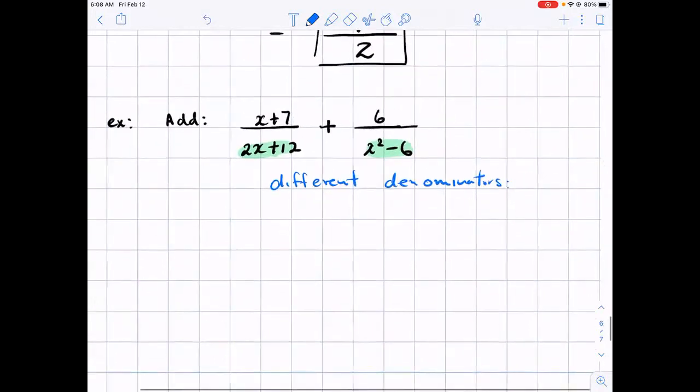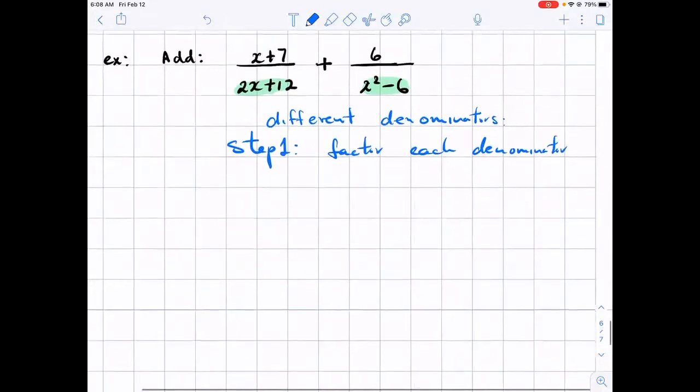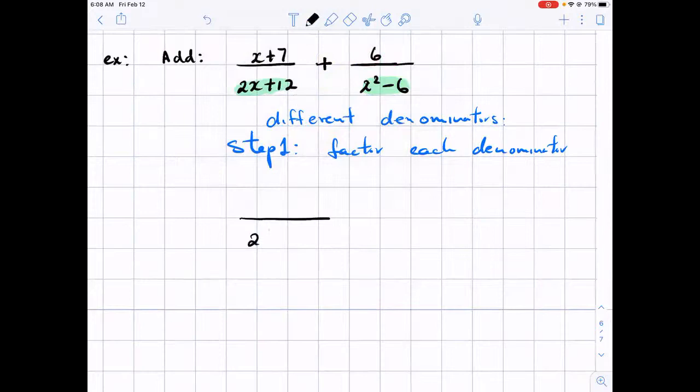So step 1, factor each denominator. If we do this, we'll have 2 parentheses x plus 6. The numerator stays the same. And the second denominator, x squared minus 6, let's change this here.